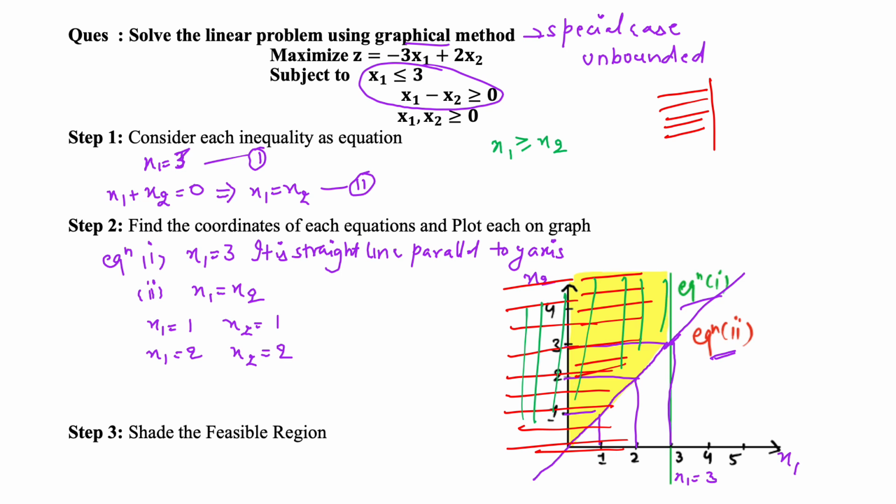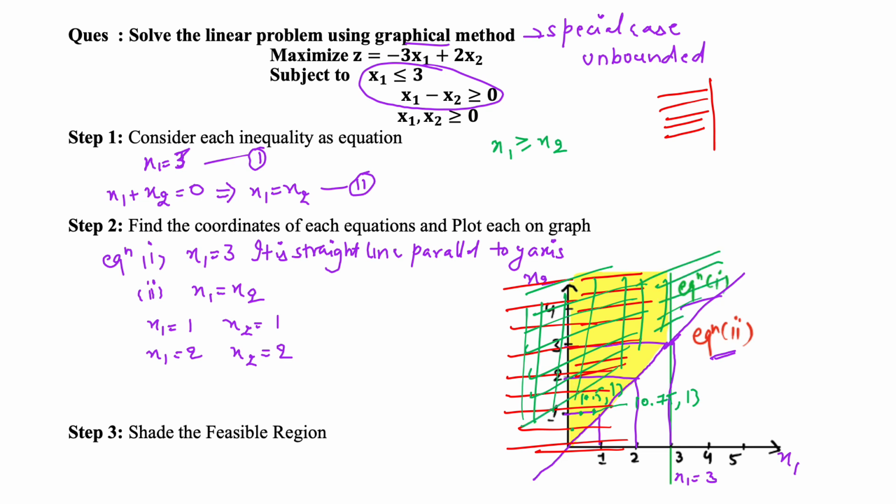How? Suppose x1 is at this point. Here x1 is 0.5 and x2 is 1. Over here x2 is between 0.75 and 1. So x2 is less than x1 in this whole region.